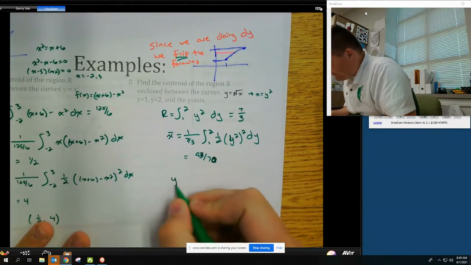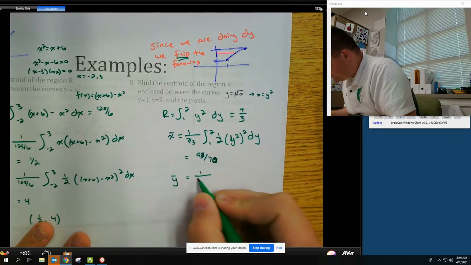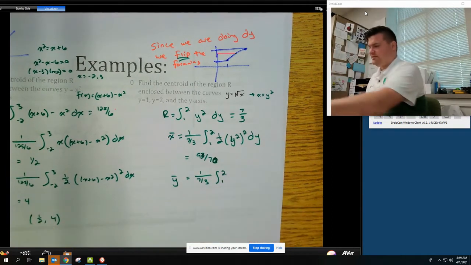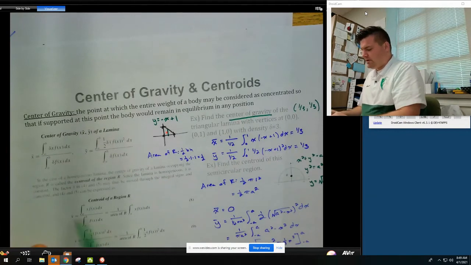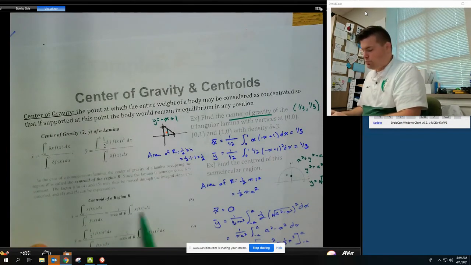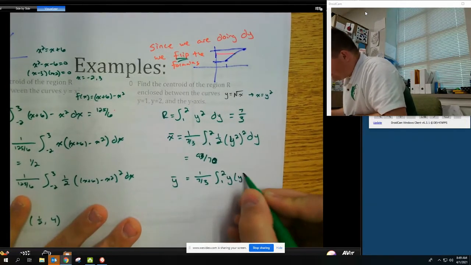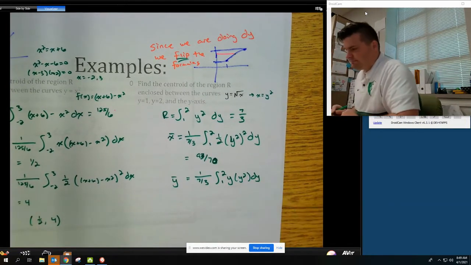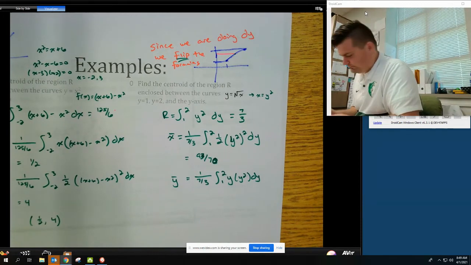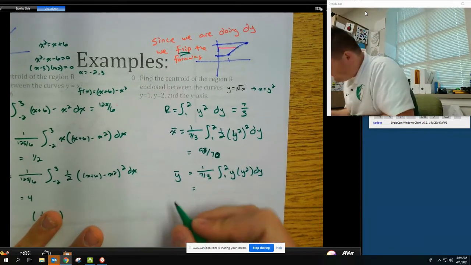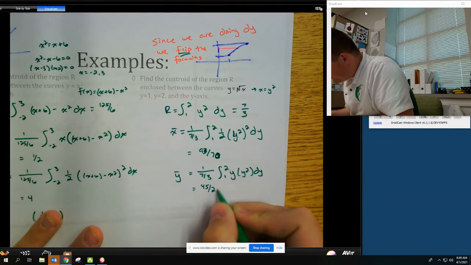And then y bar is flipped. So it's going to be similar to x bar, but instead of being x f of x, it's y f of y. So it's y f of y dy. Which, just type that in the calculator, I'm going to get 45 over 28.